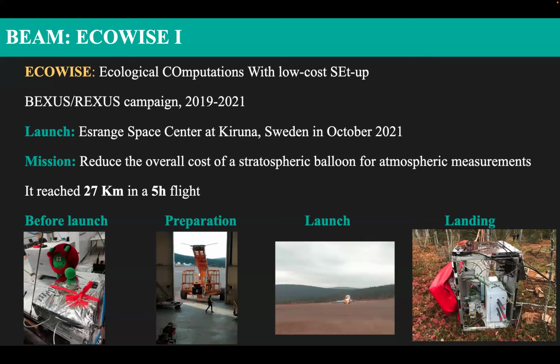So we are like, why we can buy cheap sensors that are designed to work in the ground in prices of 2 to 50 euros and make them work up there. So we did it. We designed a box that using some tubes and heaters and the heat from the electronics, we were able to create inside the small box suitable conditions for the sensors to work as they must, because these sensors freeze.